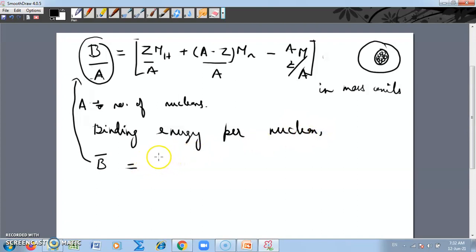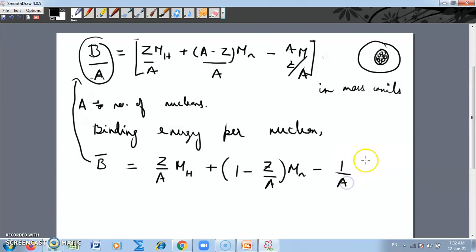So this would be Z by A, as we have already written, mass of hydrogen, plus this would be 1 minus Z by A, mass of neutron, minus 1 by A, M(A,Z). So this is like this.